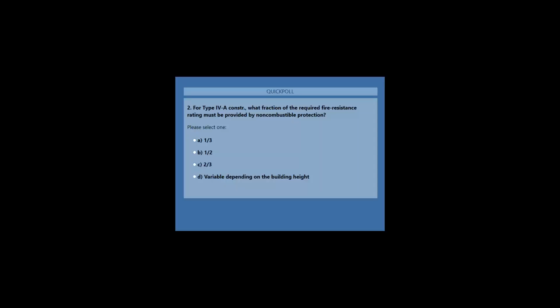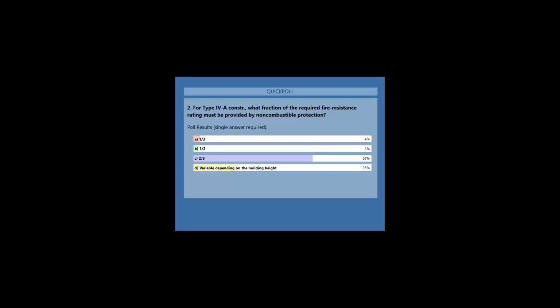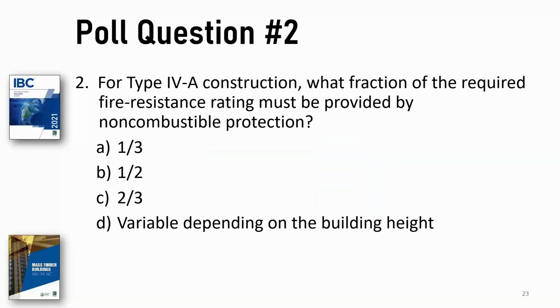All right, I've got about 70% and 45 seconds, so I'm going to close and then share. So 67% say 2/3, 25% variable depending on the building height. Paul, what say you? I say 2/3. So let me advance the slide to highlight.